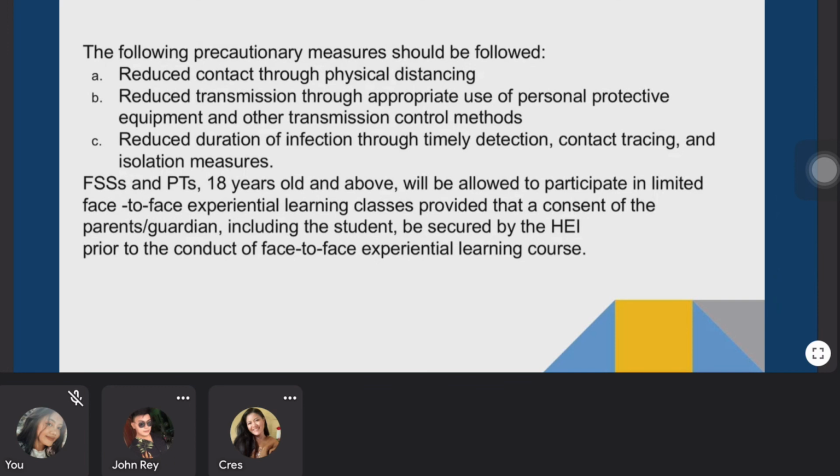FSS and PTs 18 years old and above will be allowed to participate in limited face-to-face experiential learning classes provided that a consent of the parents or guardians, including the student, be secured by the HEI prior to the conduct of face-to-face experiential learning course. So this is our precautionary guideline.